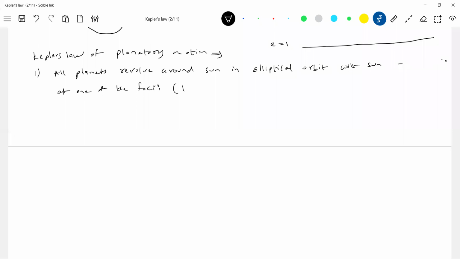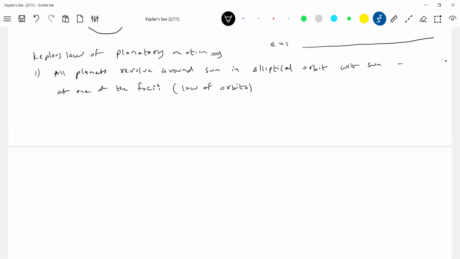This is nothing but called the law of orbits. Now, what are the orbits here? What is the condition? If the energy of the system is negative, then the planets are going to revolve in a closed orbit.